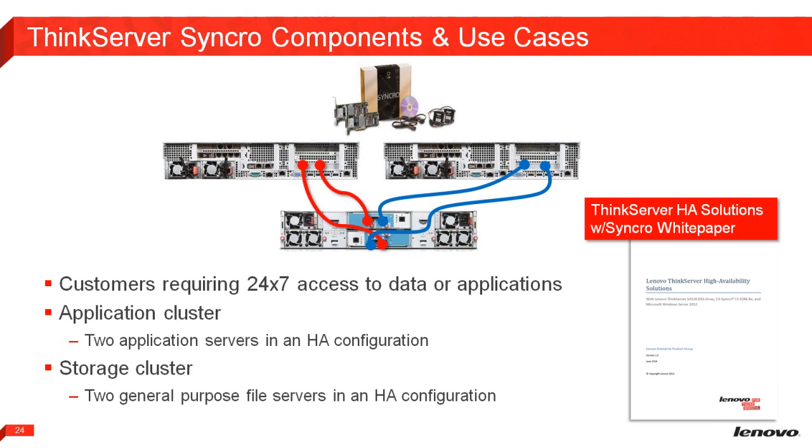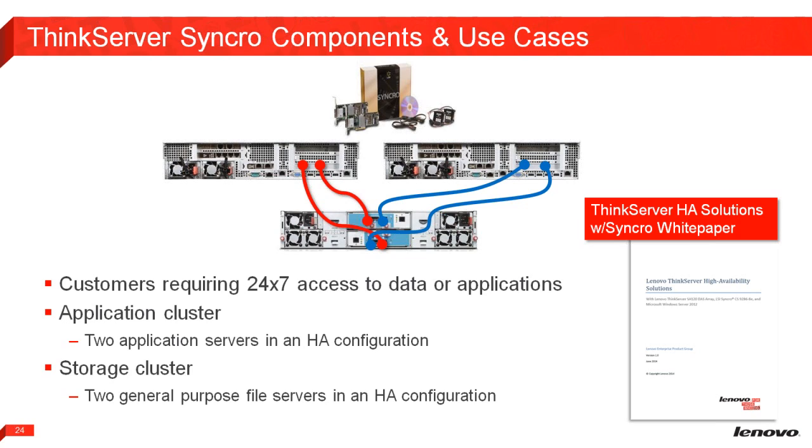The other piece is just the general storage cluster, right? It could just be 2 servers connected to the SA120, and it could be your high availability storage solution. Almost like an SMB version of a SAN. Basically, I have data that I want to make sure I have. Maybe it's a database. I want to make sure I have all that data available to me, and I'm going to stick it in this high availability configuration, so that if something goes down, it's always going to be available.